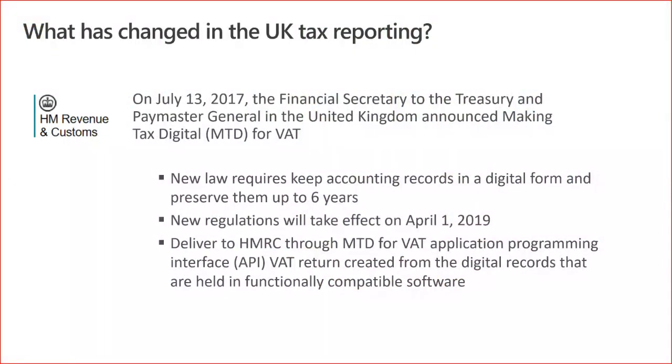The other implication of the new law, which is important to realize, is that the first accounting period which requires bookkeeping in software is April 2019, which means that only tax settlement results from April 2019 are subject to electronic tax reporting, with a deadline in June.